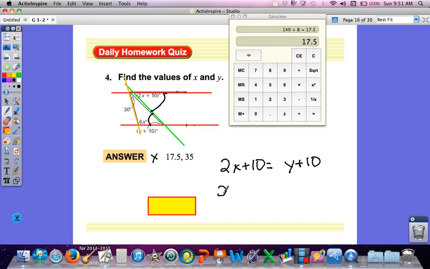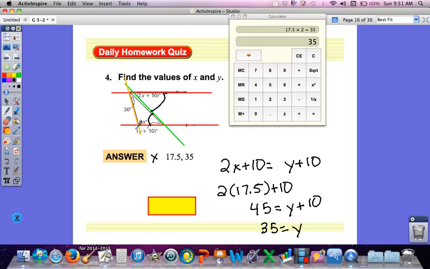Know that x is equal to 17.5. 17.5 times 2 is 35. Should have been able to do that in my head. 45 equals y plus 10. Subtract 10 from both sides. 35 equals y.